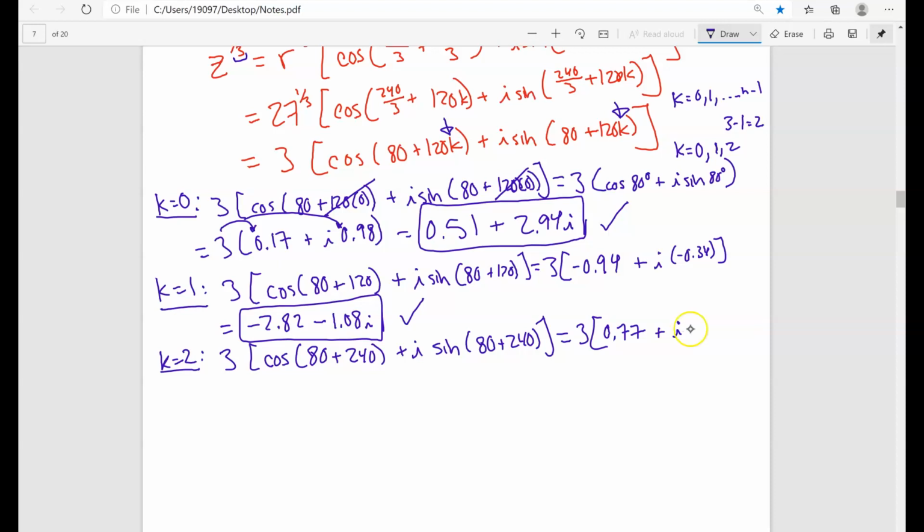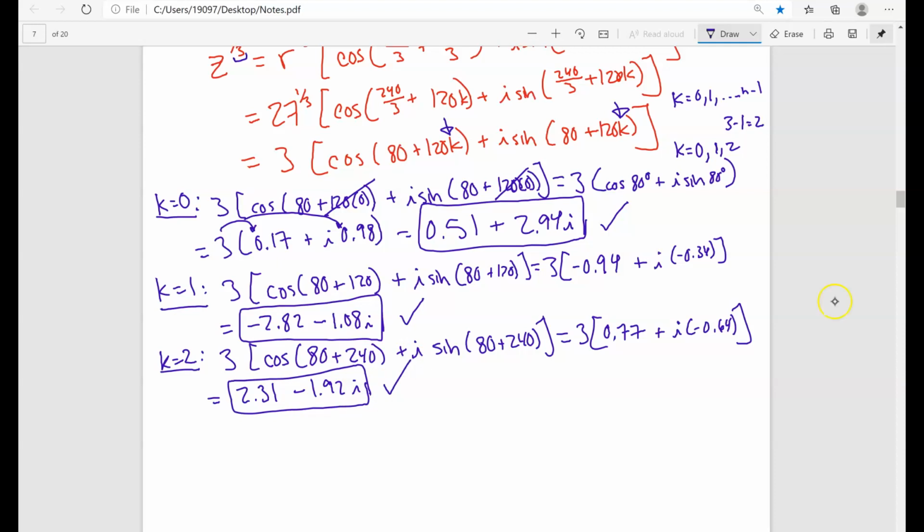That's going to give me negative 0.64. So when I FOIL this out, I'm going to get 3 times 0.77, which is 2.31, minus 3 times negative 0.64, it's going to give me 1.92. So this guy right here is going to be my third root, okay, of that guy.